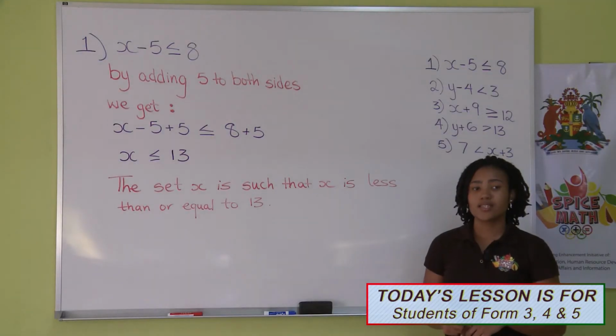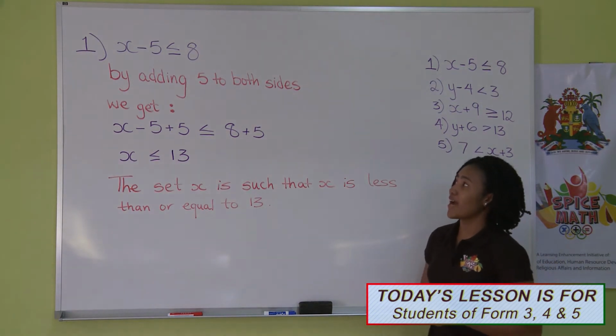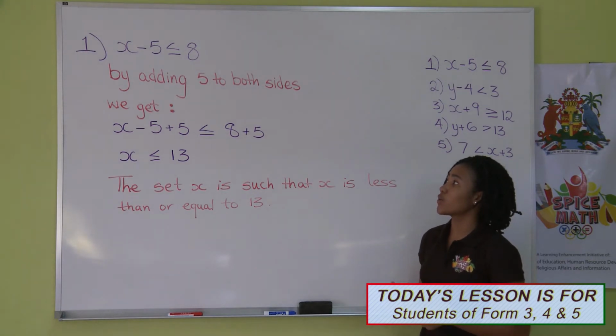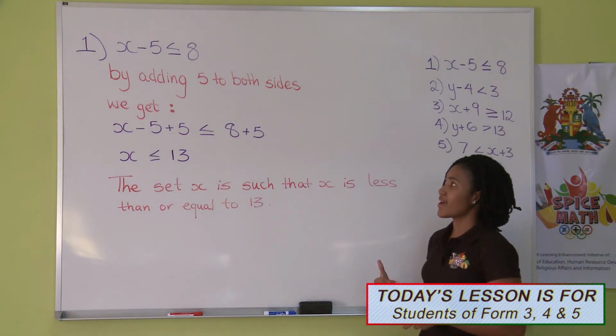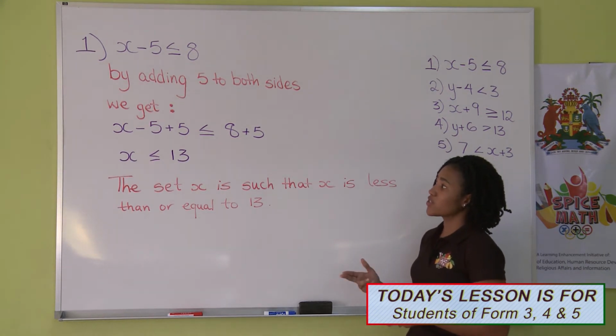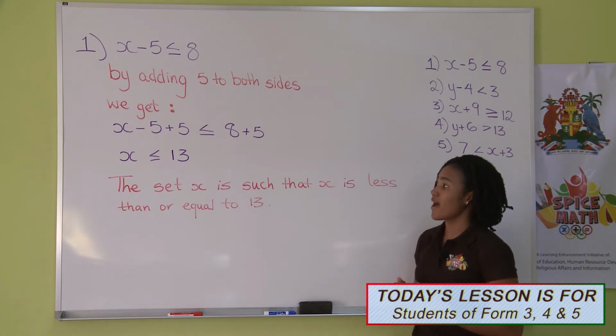So let's take a look at our first inequation. We have x minus 5 is less than or equal to 8. We are going to solve this linear inequation by adding 5 to both sides. When we do so, we get x minus 5 plus 5 is less than or equal to 8 plus 5.